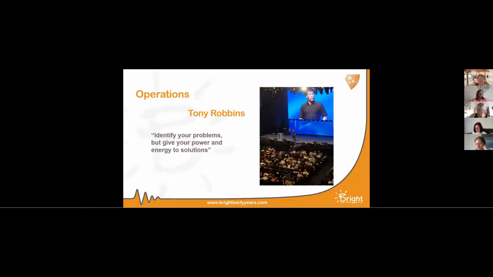Essentially, the way that we tackle something is, okay, we reflect on it, what happened, what went wrong, now what do we need to do about it? We work on the solution and put our energy into making sure it doesn't happen again. So that's quite an important mindset to get into when you're dealing with making change and solving frustrations and issues that may occur within the organisation.